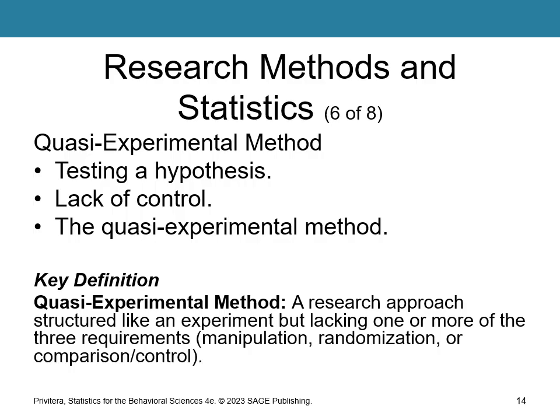Much of the research in sociology uses quasi-experimental designs. We often cannot randomly assign people to social conditions. We can't randomly assign people to be poor or wealthy, black or white, male or female. So we compare existing groups and draw careful conclusions.